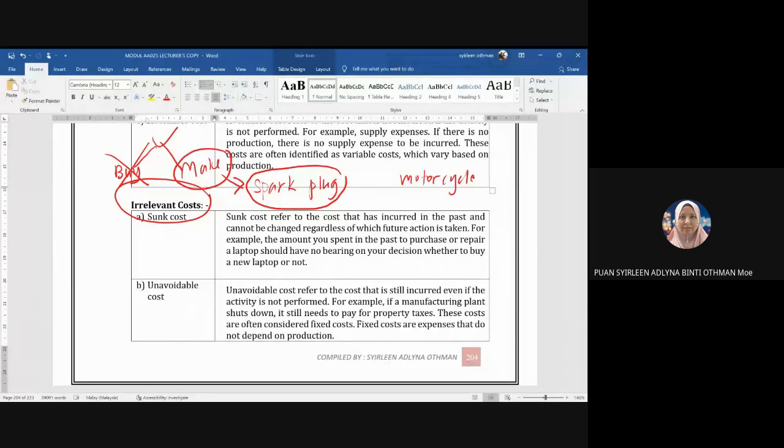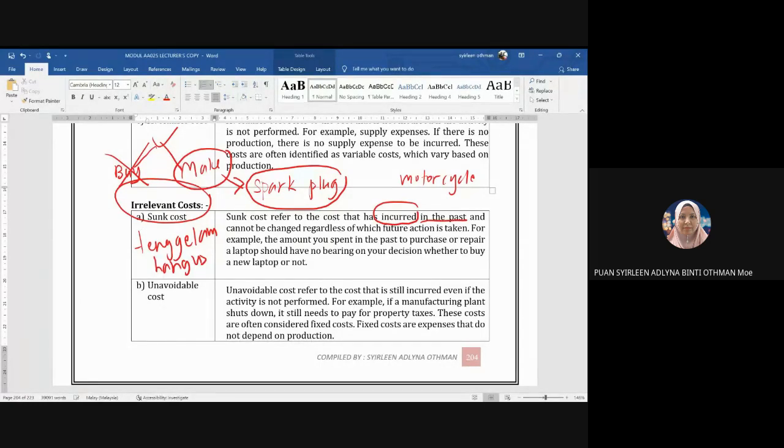So the first irrelevant cost is sunk cost. Sunk cost is a cost that is gone. Sunk, translated, means tenggelam. A sunk cost is something that you have already borne, or that has been incurred in the past.